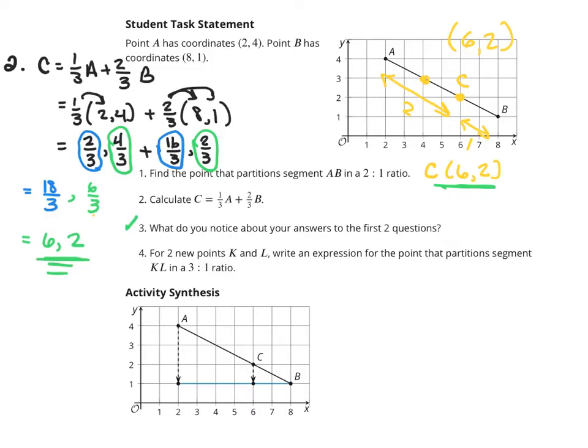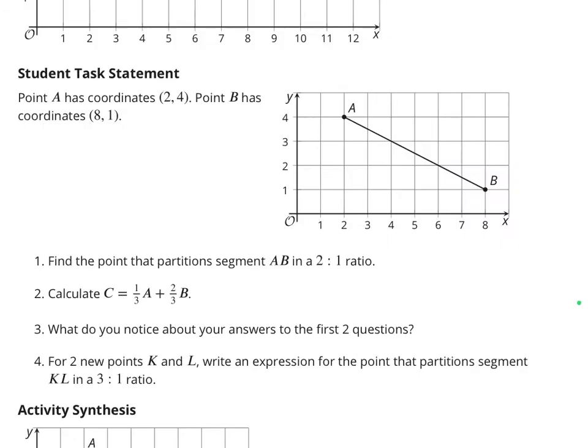All right, let me get a new screen so we can try number 4. Question number 4 says for 2 new points K and L, write an expression for the point that partitions segment KL into a 3-to-1 ratio. Now these are just 2 points. We don't know what they are, we just need to write an expression for them.